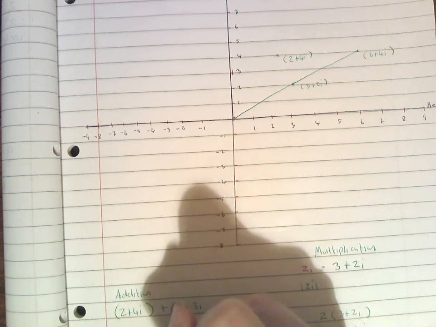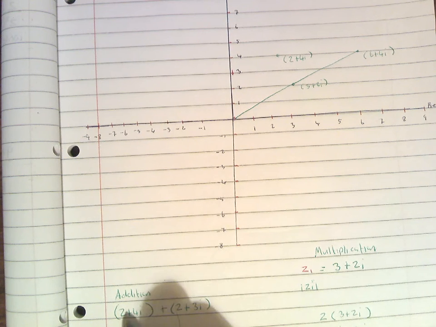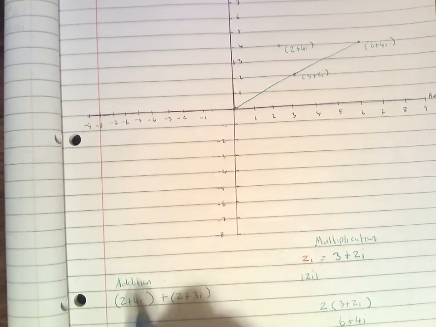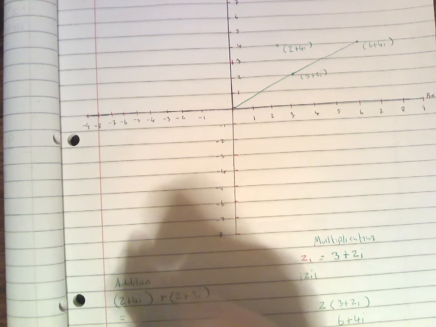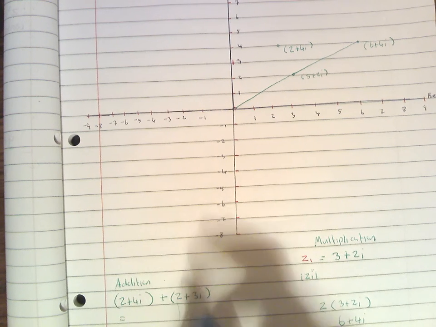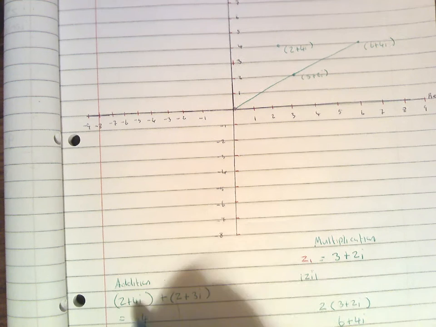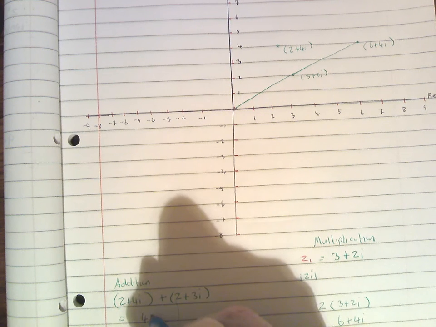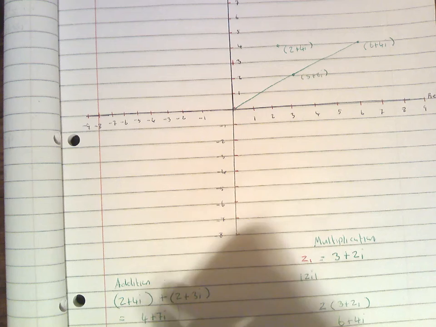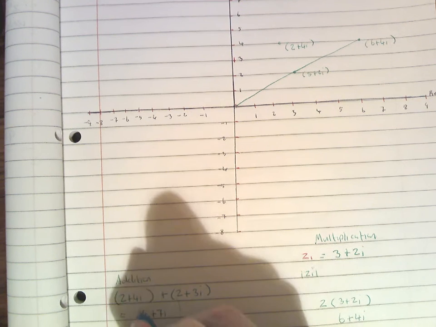So I want to add these two complex numbers together. I'm just adding the real parts and the imaginary parts. So 2 plus 2 is equal to 4, and then 4i plus 3i is just going to be equal to plus 7i. So this is our new complex number.